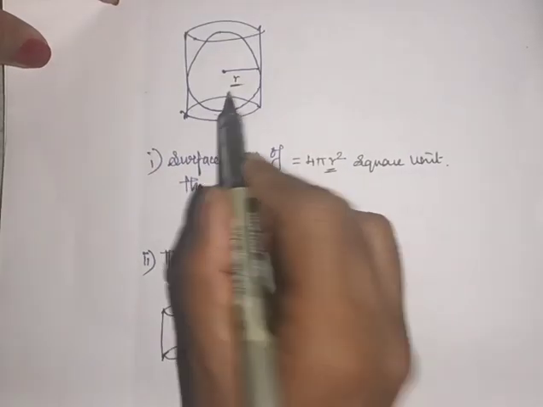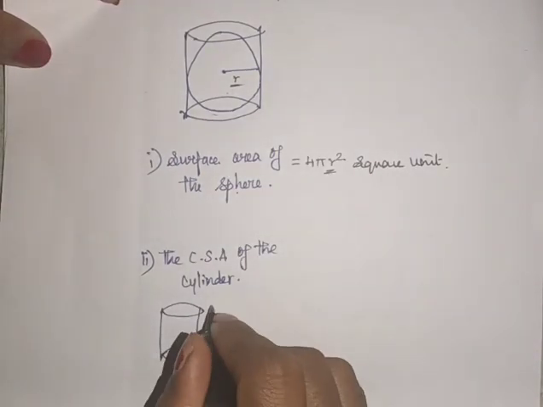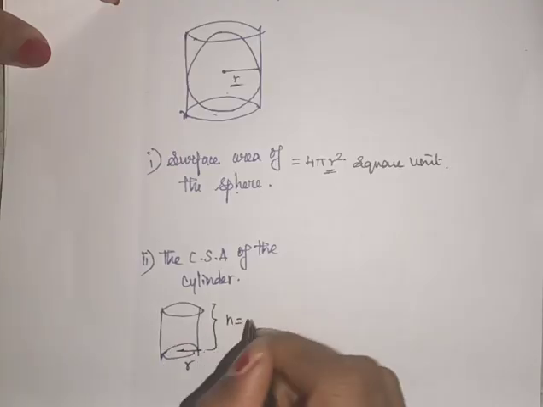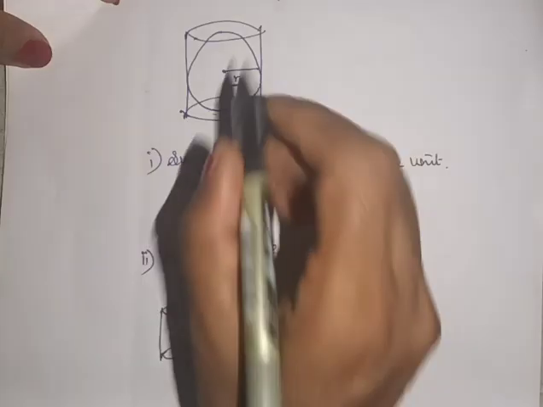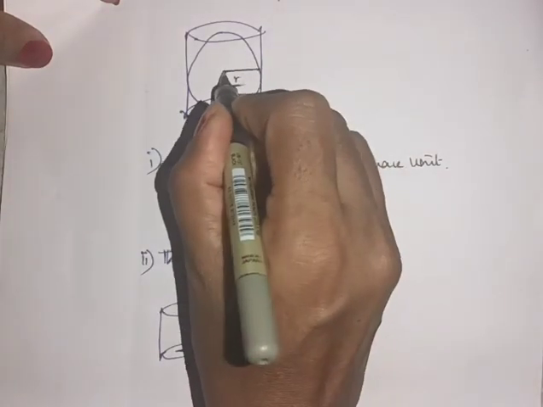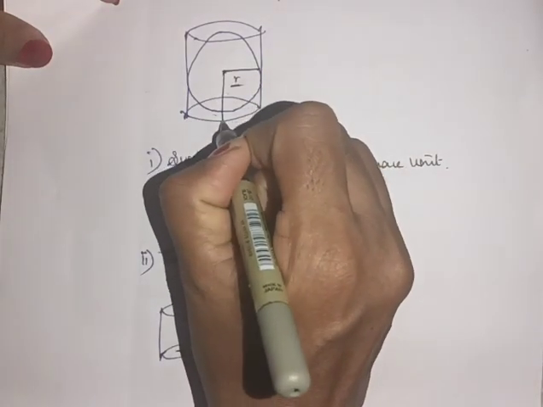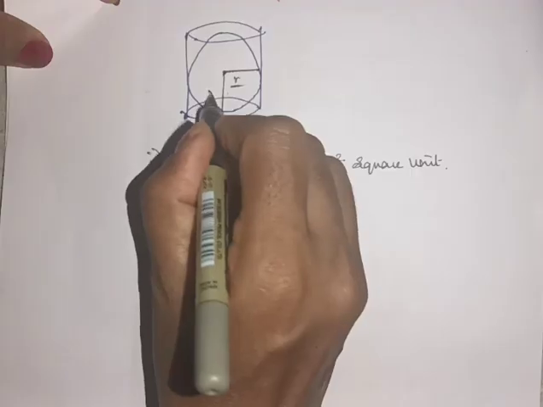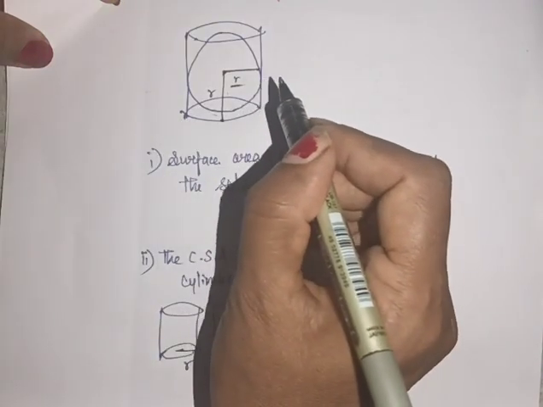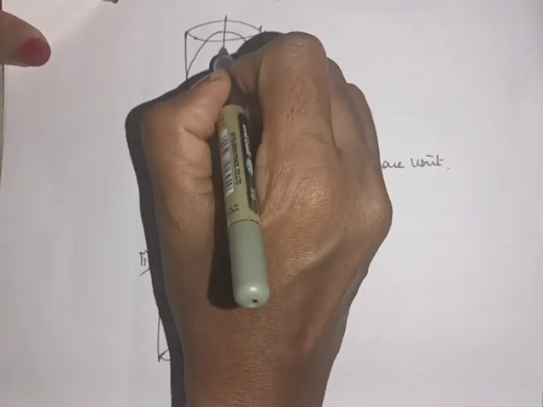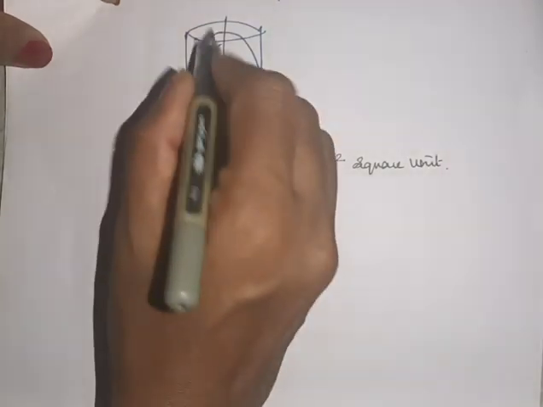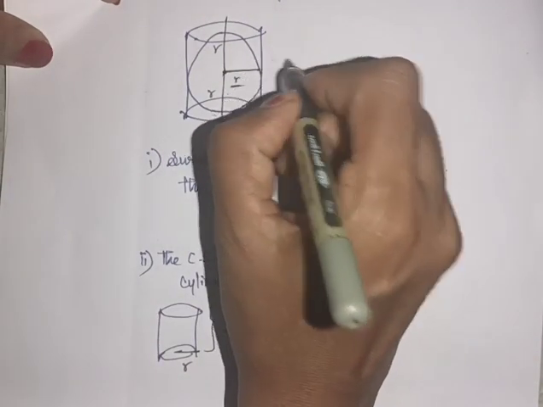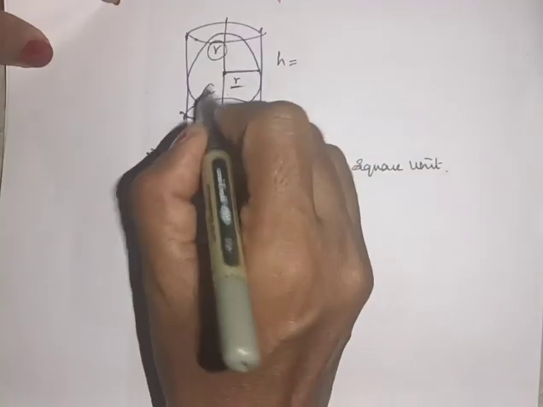Here the radius is r unit. Height, we don't know the height value, so we have to find the height. Here the radius is r. Here also r is the radius. From this side up to this is also the radius. The total height is equal to r plus r.